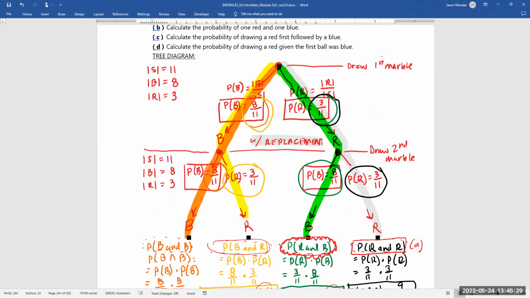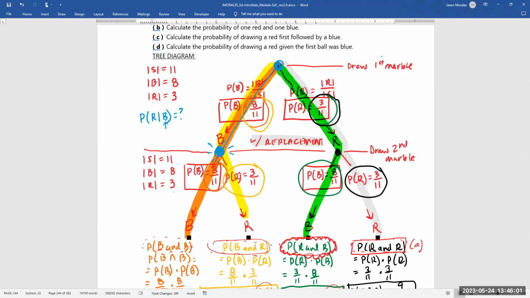Okay, so we are looking for the probability of red given that blue occurred first. So here's our first draw. And if blue occurs first, that means we're going to be here in this position. So because of this wording, blue has already occurred. So we don't need to incorporate the probability of blue into our calculation.